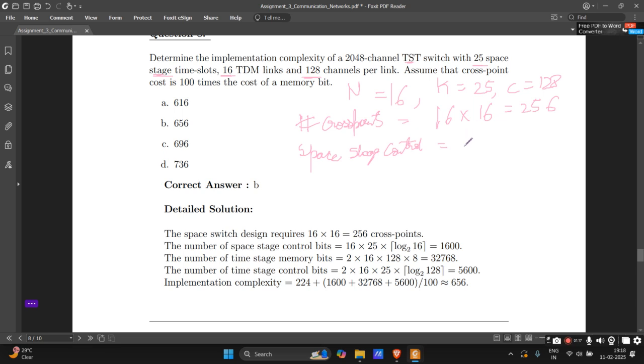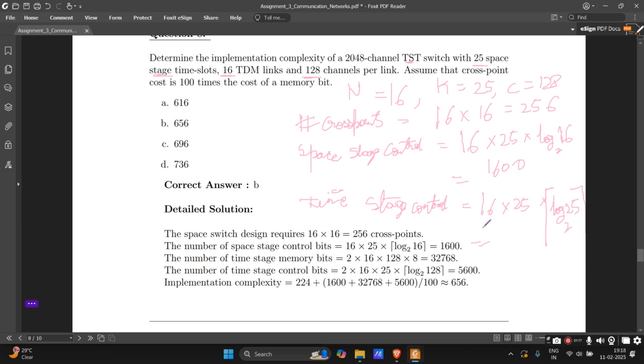Space stage control bits will be N into K into log N, so here this will be 1600. Now time stage control will be similar, but 16 into 25 into ceiling of log base 2 of 25, because log base 2 of 25 is not a perfect integer, but we need a perfect integer.